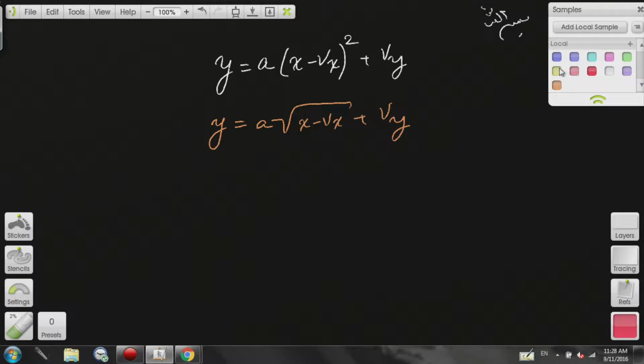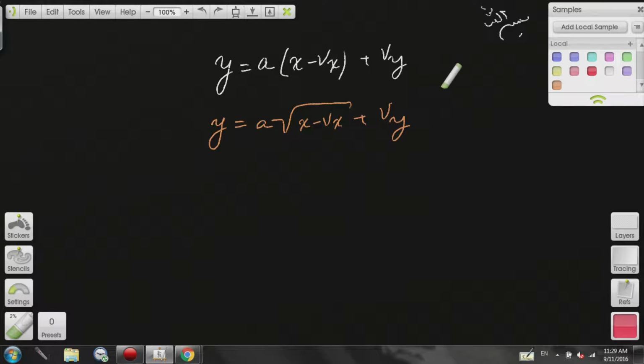Now notice the only difference is that the square is the defining feature of the quadratic function, and the square root sign is the defining feature of a radical function. So it makes sense that the only difference between the two is just that. Everything else is the same. In other words, I could take my little eraser, erase that 2, replace it with the radical symbol, and I've got a radical function. They are very similar.